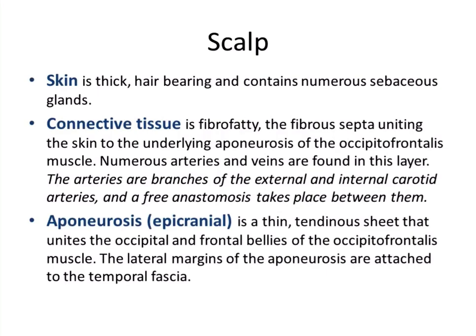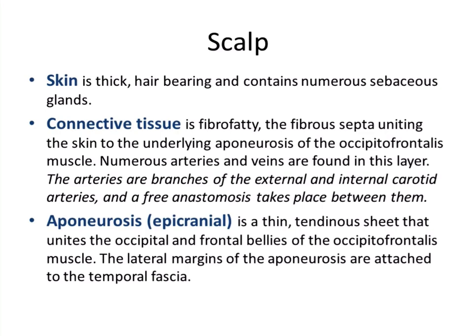Now we are going to discuss the layers of the scalp thoroughly. First layer, as we said, the skin, which is thick, hair-bearing, and contains numerous sebaceous glands. Sebaceous glands, الغدد الدهنية, are situated near the hair follicle and attached to the hair follicle.